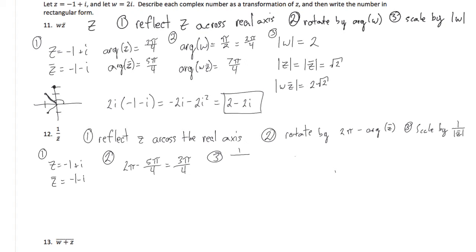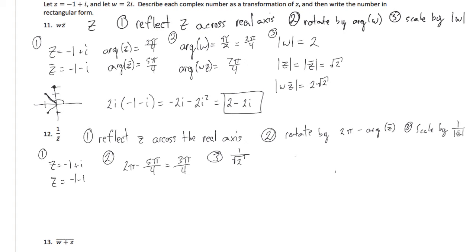Z bar is right up here, so root 2. So I need to scale by 1 over root 2. And perfect, I've got it all. So I have an argument of 3 pi over 4, and that will be my modulus.